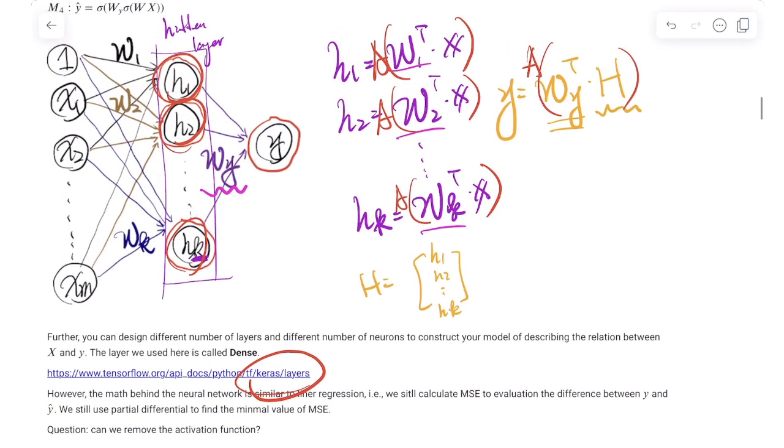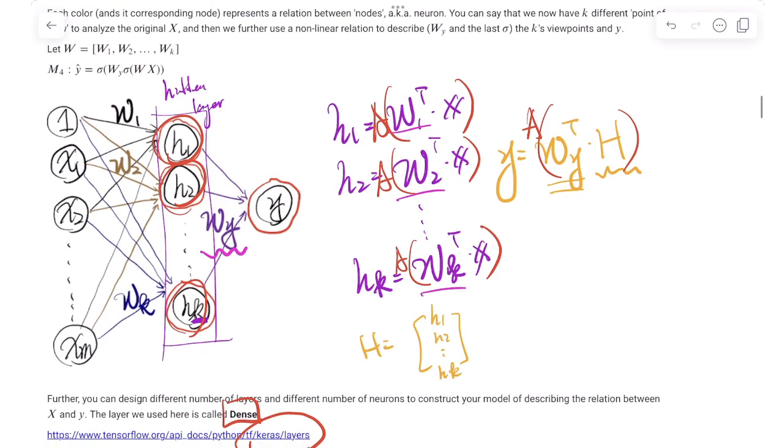Before that, you can see that in the hidden layer right here we have k different neurons. For example, the H1 neuron accepts the information from the input neurons x1, x2, and so on and so forth to xm. So it has n+1 elements to construct H1.